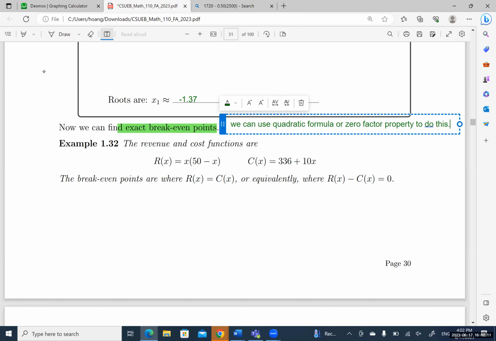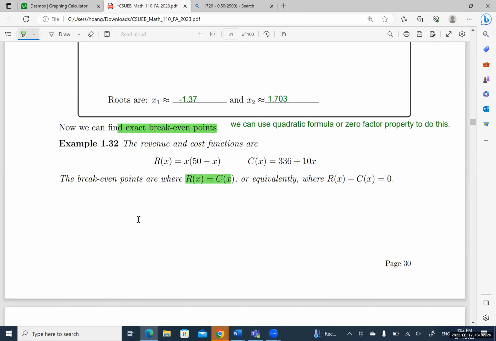Okay. So now, as you know, when we have revenue equal to the cost, we have break-even points, right? Or if you subtract the cost from both sides, you get revenue minus cost equals zero.